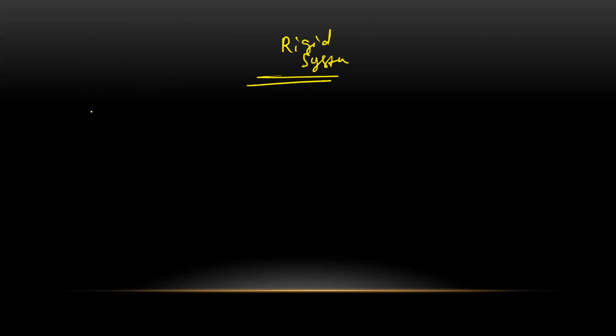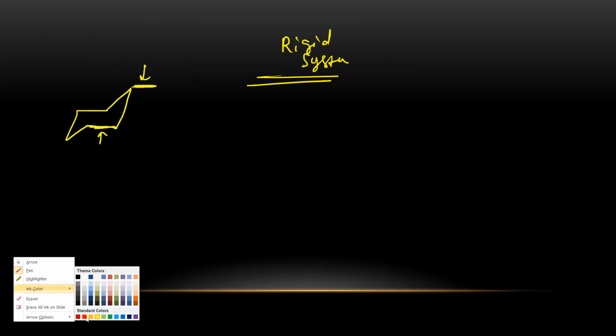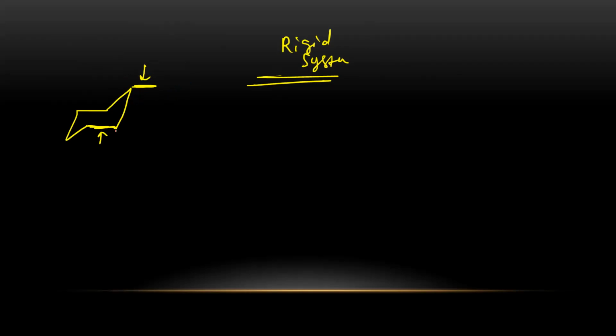Now in cyclohexane, which bonds are anti-periplanar to each other? Let's see. This bond and this bond, this bond and this bond are anti-periplanar. For the same type of system, if there is a bond and if there is a bond, these two are anti-periplanar.